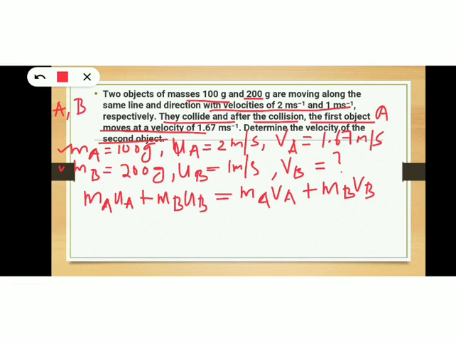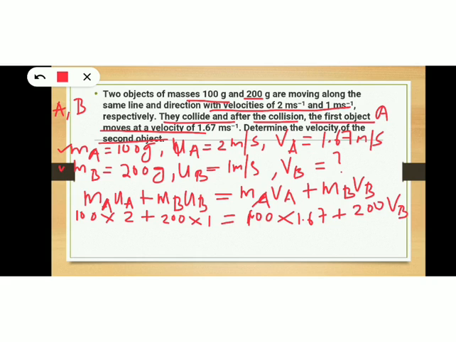Okay. Now substitute the values of MA, UA, MB, UB like that. So what is MA? It is 100. So 100 into UA is 2 plus mass of B, MB is 200 and UB is 1 equal to, again mass of A will be the same because through collision mass will not change, into VA is 1.67 plus mass of B, it is 200 into VB.